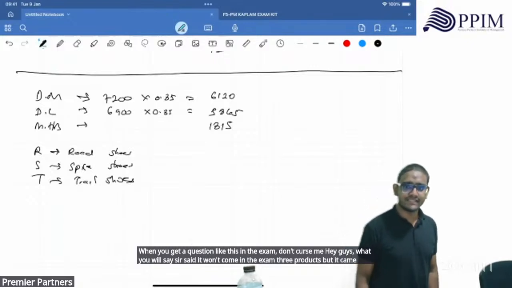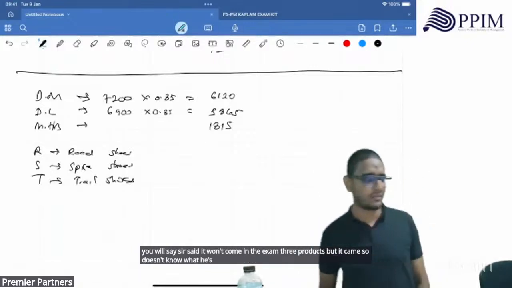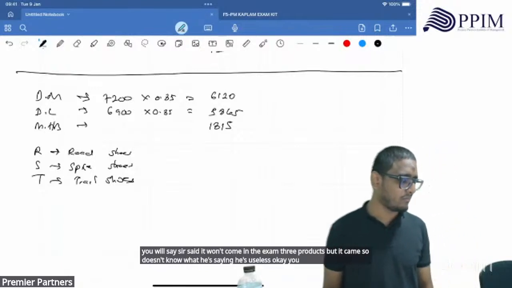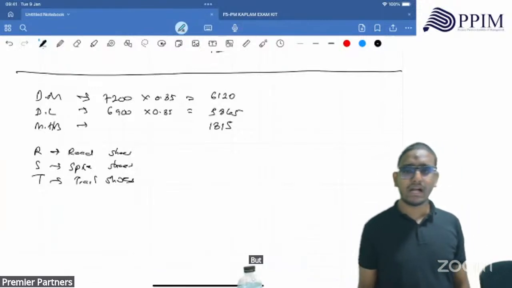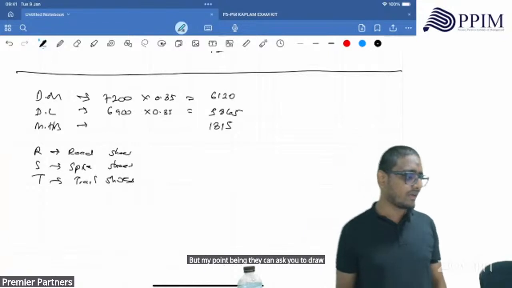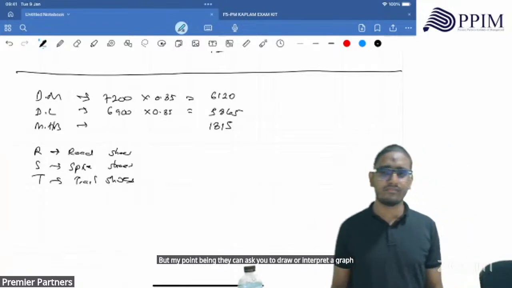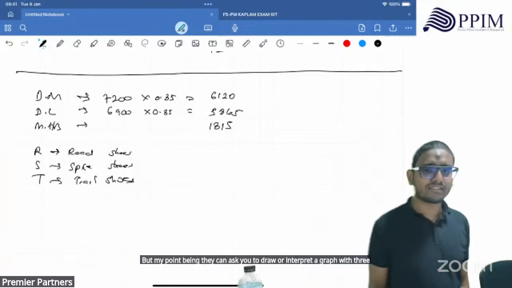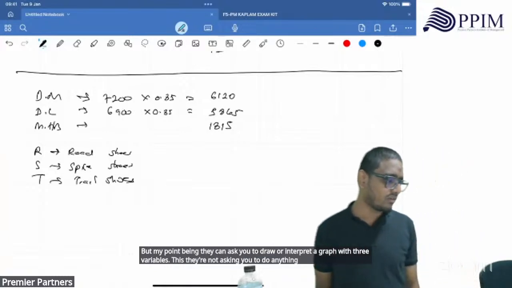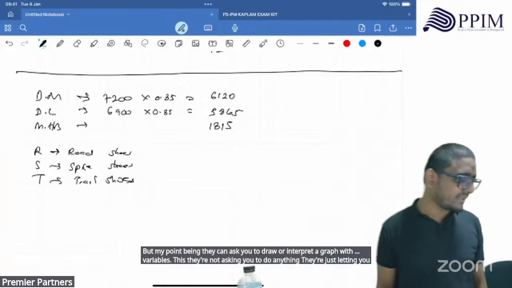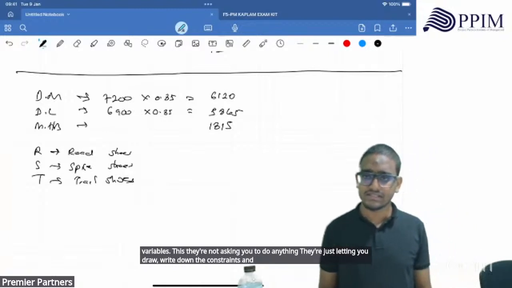So doesn't know what he's saying. He's useless. Okay, you can say I'm useless, but that's a different point. But my point being, they can't ask you to draw or interpret a graph with 3 variables. They're not asking you to do anything. They're just telling you draw, write down the constraints and the objective function. That's it. Okay.